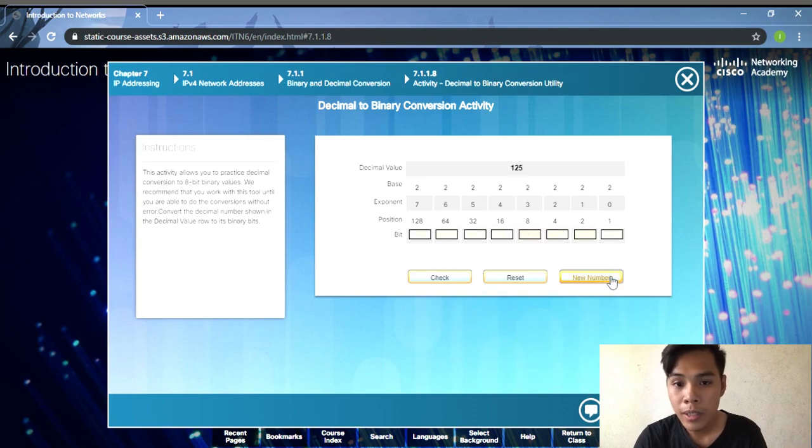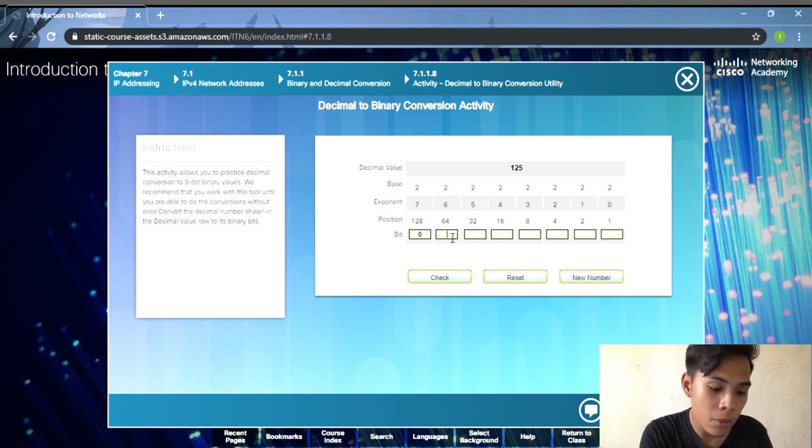So let's try it again. So the value here is 125, and if you subtract it from 128, the answer will be negative 3, so I'll put 0 here. So for 125, we can subtract 64, so 125 minus 64 is 61, so we'll put a 1 there. 61 minus 32, the answer will be positive, so the answer is 29, so we put 1.